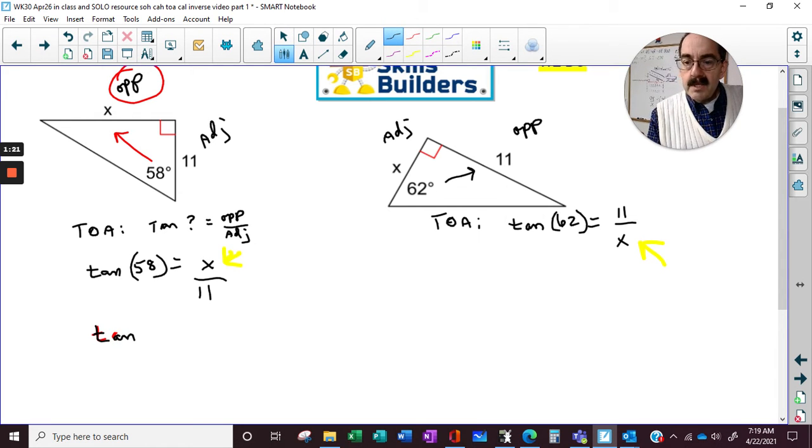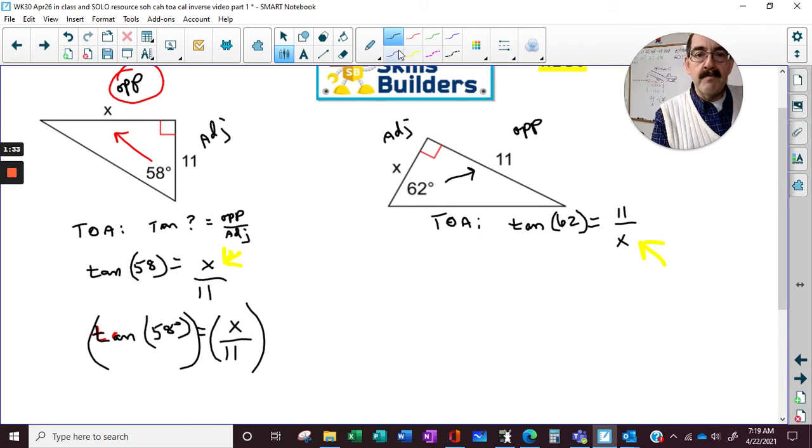The tangent of 58 degrees is equal to x over 11. What's the opposite of divide? Multiply. So everybody, multiply both sides by the number 11.